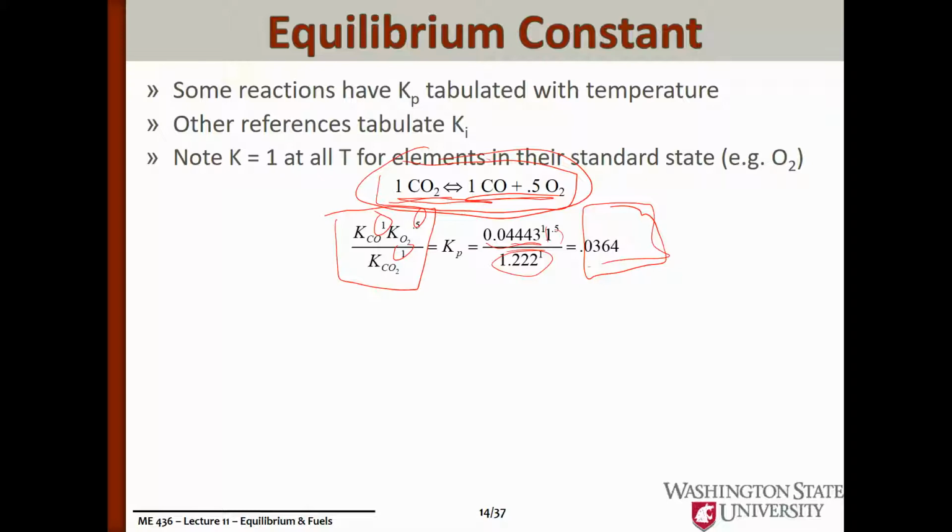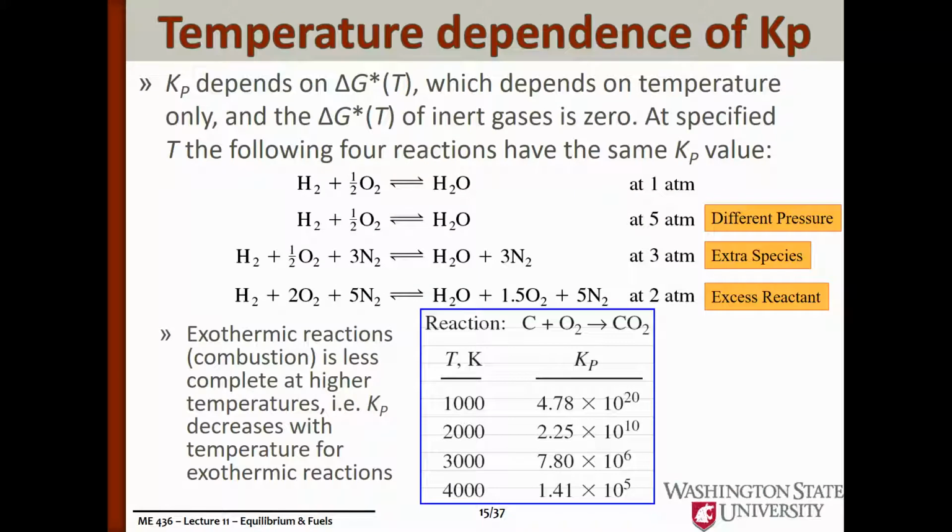So now I want to talk about what happens to this equilibrium constant. It's influenced by a number of things. It's influenced by the balanced reaction, it's influenced by temperature, it's influenced by pressure. So let's start by talking about how it is influenced by temperature. Generally speaking, at higher temperatures, you're going to have more dissociation. So when you talk about a reaction, here I'm showing it in reverse, carbon plus oxygen to CO2.